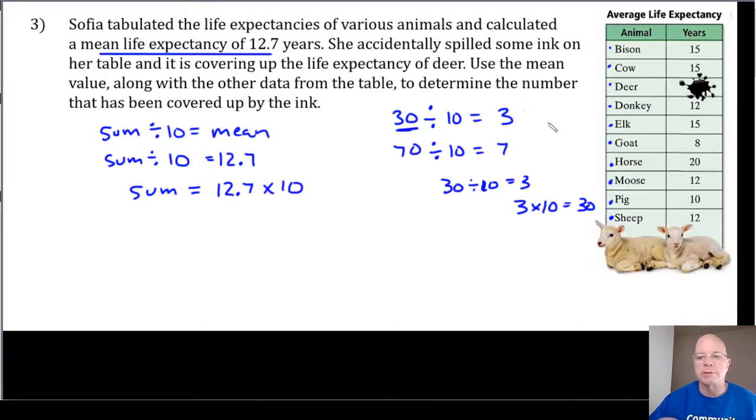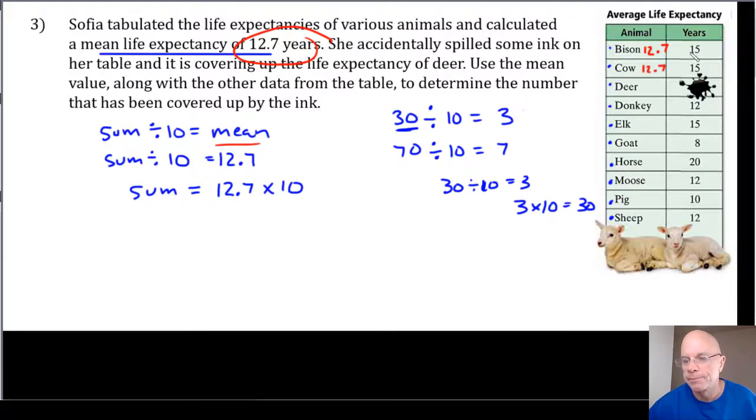Another thing you can do to understand this is, and you'll be practicing this in a scavenger hunt soon, we talked about the mean like we did with the blocks. We had the different numbers of blocks in each column, and when we moved them around so they were all the same, that's what the mean is. And so if the mean life expectancy is 12.7 years, you can understand by pretending there's a 12.7 for each animal.